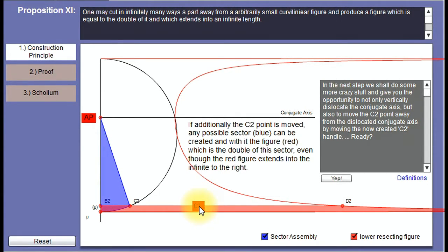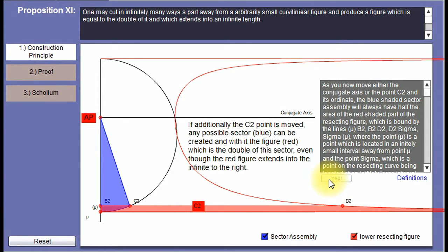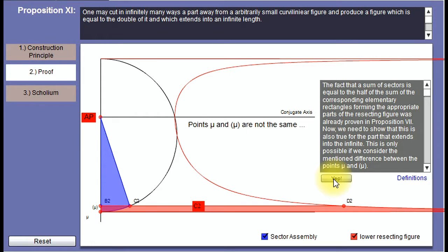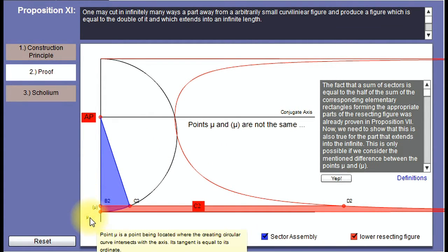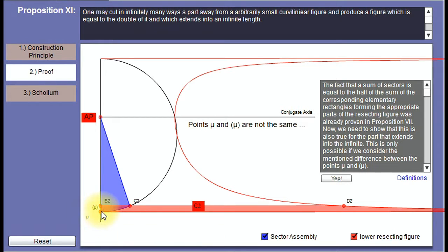And now we're going to go through some steps again in terms of the micron point and the micron bracket point. Bear in mind that the micron bracket point is an infinitely small distance away from the micron point, hence they're not the same.